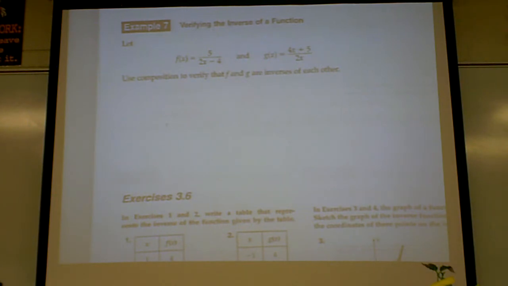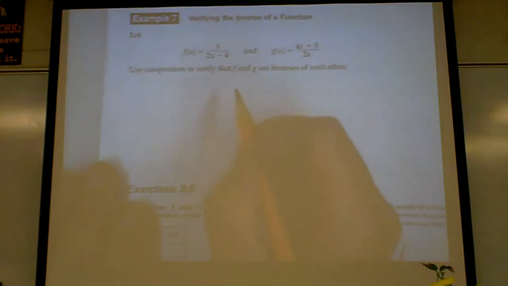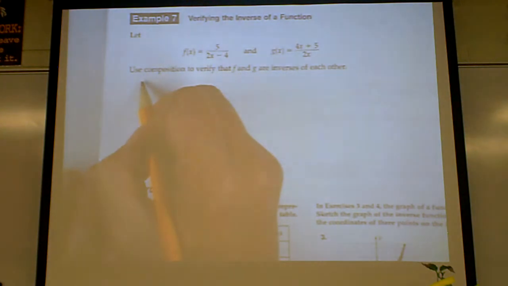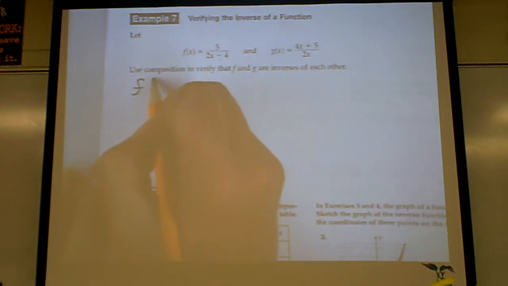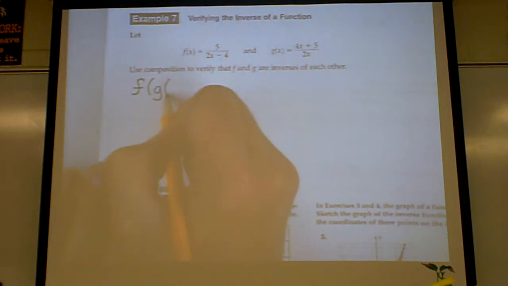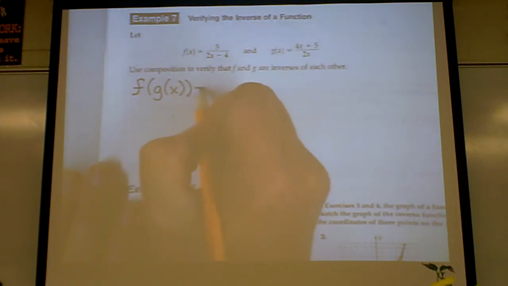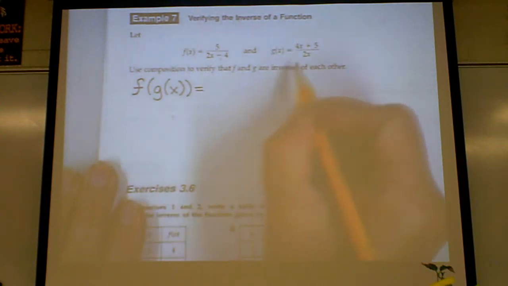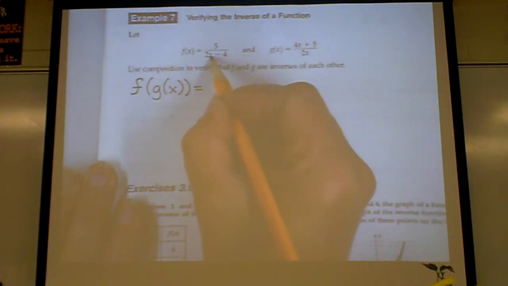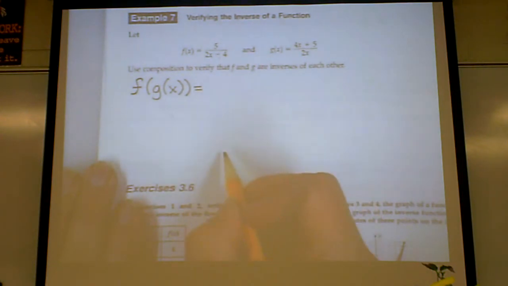They want you to find the composition of these functions. In other words, and we just did this yesterday, you're going to do f of g of x. You're going to plug this in here, and you're going to simplify it.